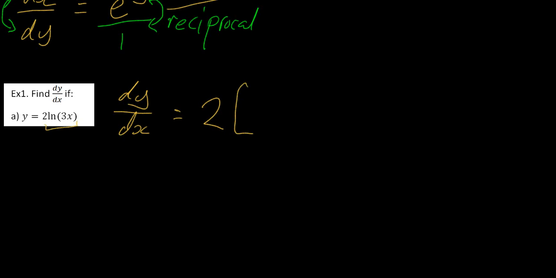We know the derivative of ln x is 1 on x. In this case, we have a u value of 3x, so we're going to substitute in 3x to where x is supposed to be.